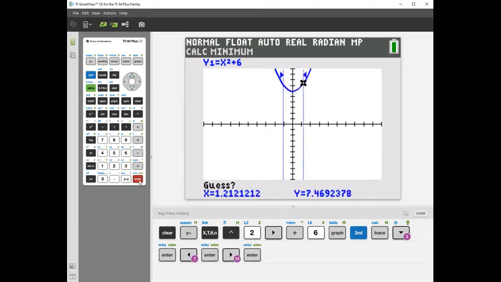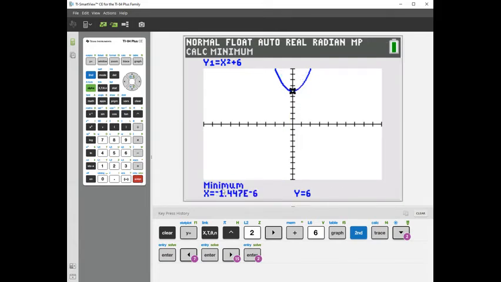And then guess, I'm going to click enter one more time. Don't move the spider or anything, just click enter. And there's your minimum value. The X has an E here, which means it's really close to 0. So for X, this is at 0, and the Y is at 6. That's your minimum value, (0, 6).